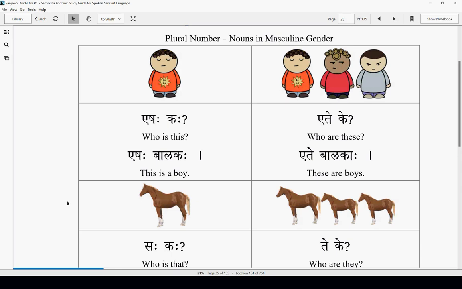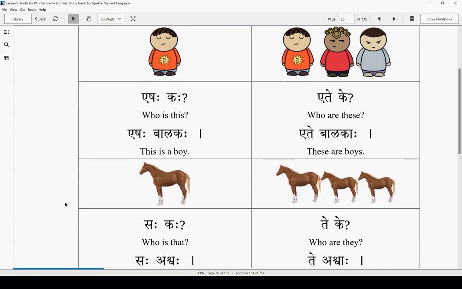This is a boy. Ete ke, ete balakaha. Who are these? These are boys. Saha kaha, saha ashvaha. Who is that? That is a horse. Te ke, who are they? Te ashvaha.